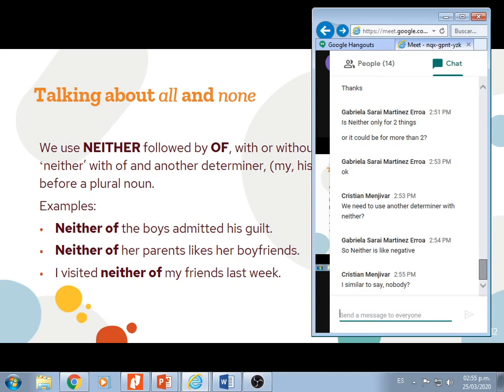You can't say nobody isn't going, because nobody is making the whole sentence negative. So you have to say nobody is going to the university. And the same, I didn't listen to nobody. No, I didn't listen to nobody. Those are negative. You need to have only one of them negative. You can say I didn't listen to anybody, or I listened to no one or nobody.